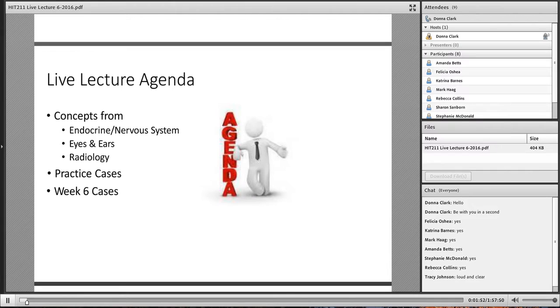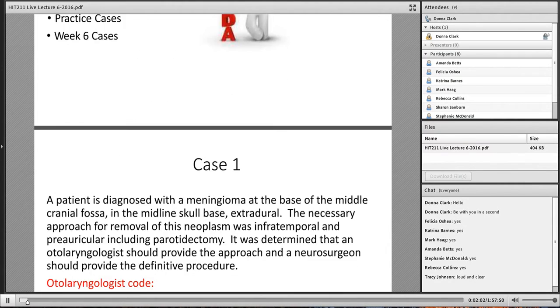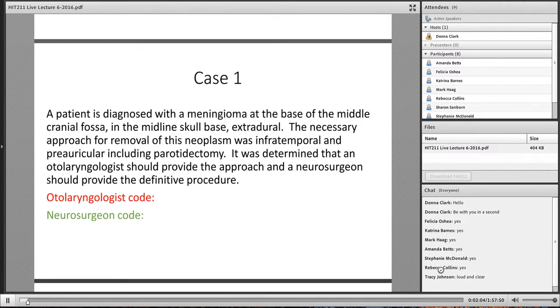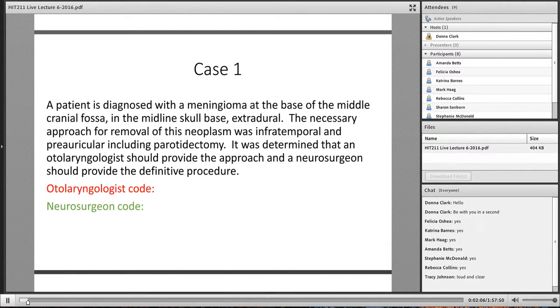Just jump right on in there. Let's move to the first. Okay, this is going to be our case 1. So we're starting with our endocrine and nervous system chapter.